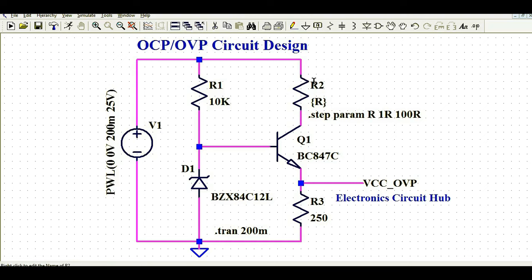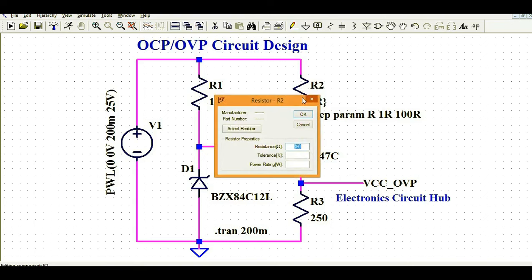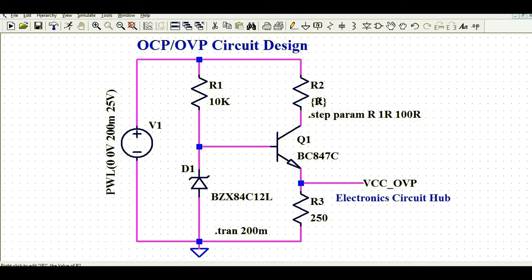So how are you going to define your load resistance value? This is R2, and if I right click on R2, you see the resistance value, and I am writing R there, using braces. Now, in order to feed the value of your load resistance R, you have to write the step parameter.